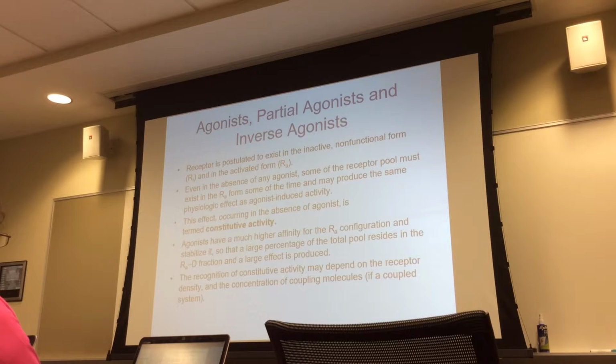The difference between the drugs is that the agonist will have a much higher affinity for the RA, and it binds to it and gives the action, whereas the antagonist will inhibit that receptor, and the partial agonist will have equal affinity to the RA and RI, the active receptor and the inhibited receptor.